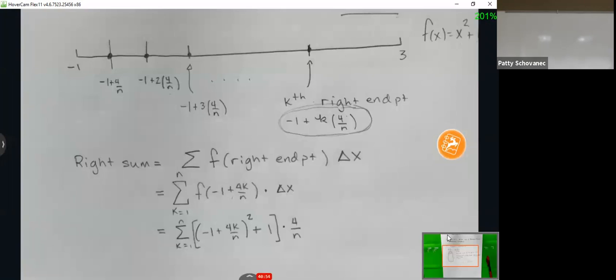Now we're going to try to simplify this by multiplying out the squared term and combining like terms. Then we'll distribute the 4 over n. So this is the particular function times the delta x. Now we're going to simplify it.